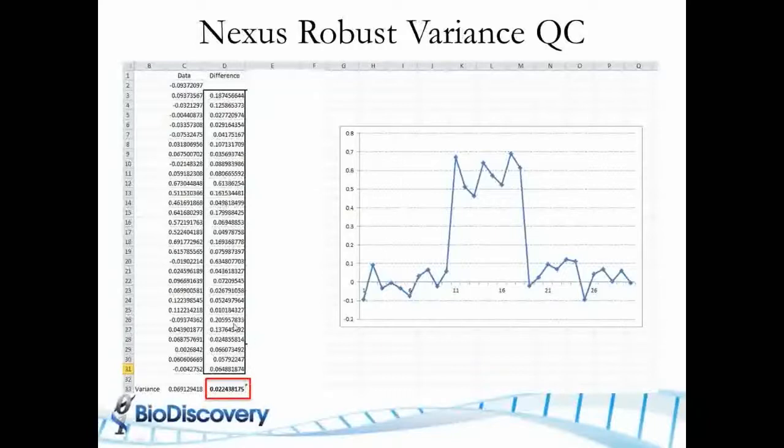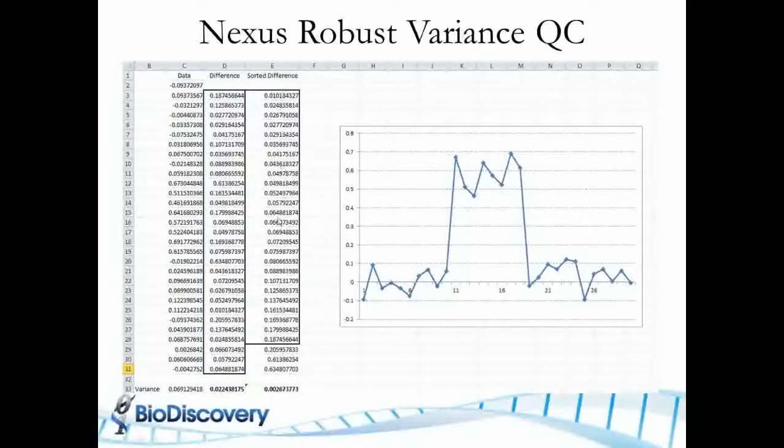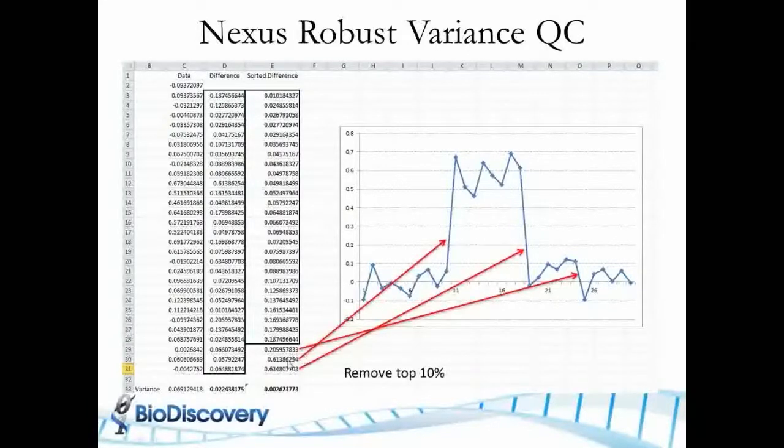Some of this variance comes from these big changes that have to do with the real copy number event. So what you could do is sort all of these and then take the top X%. In Nexus, the default is 3%, but in this example, we'll take the top 10%, so these 3.